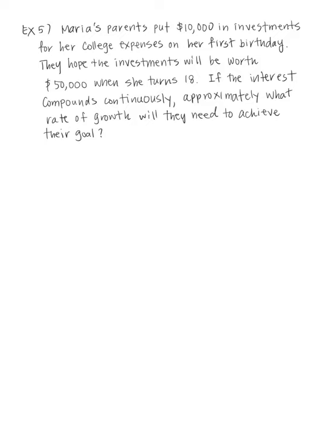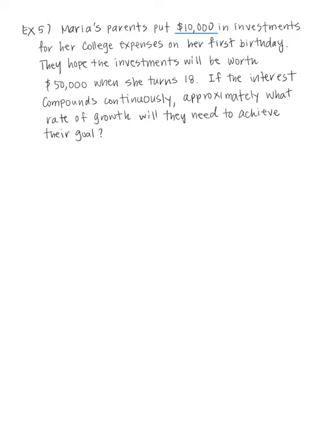Alright, so let's first underline what's important. What information are we given? First of all, Maria's parents put down $10,000 in investments. So this is the amount that they put down first, which is nothing but our principal.